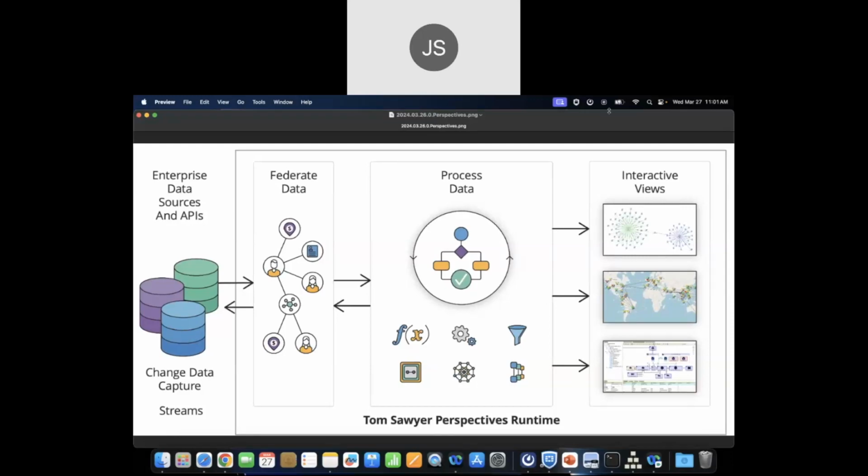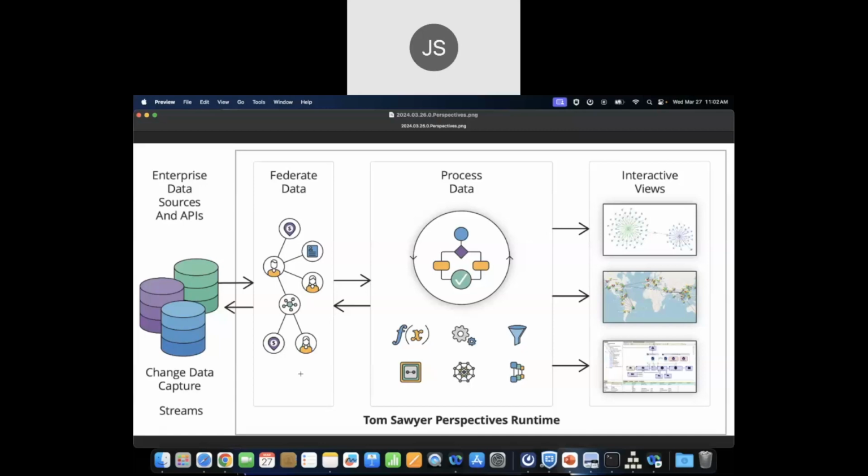So first of all, Perspectives can federate data across many different sources into a single native graph model. These data sources can include graph databases such as Neo4j and Amazon Neptune, Azure Cosmos, and Janus Graph. And in addition, Perspectives also supports relational data sources such as SQL or Postgres, and JSON, XML, or RESTful data sources as well.